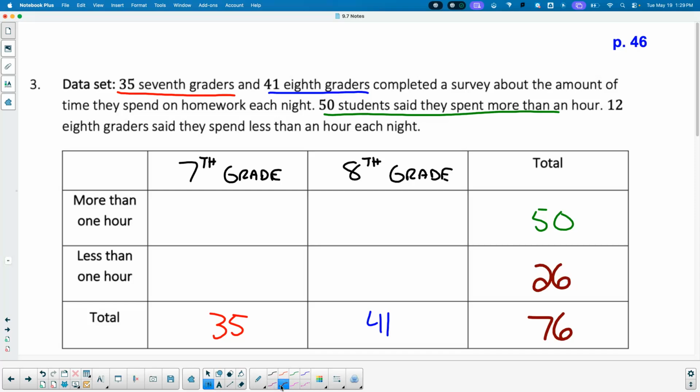Okay. This one? Middle? 12? Last number? 14.